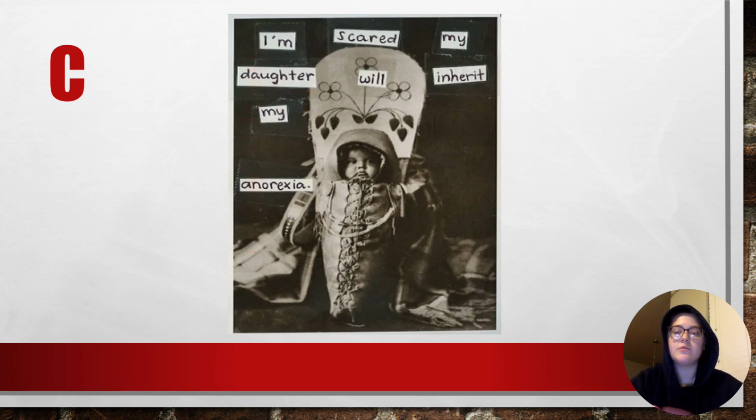So this can include having an amputated limb, needing to use a wheelchair, obesity, or the example from Post-Secret, which is a postcard that reads, "I'm scared my daughter will inherit my anorexia." This would be considered deviant, as anorexia is a physical condition that breaks our social norms of being healthy. Though I will say that being healthy within our society isn't necessarily actually healthy.